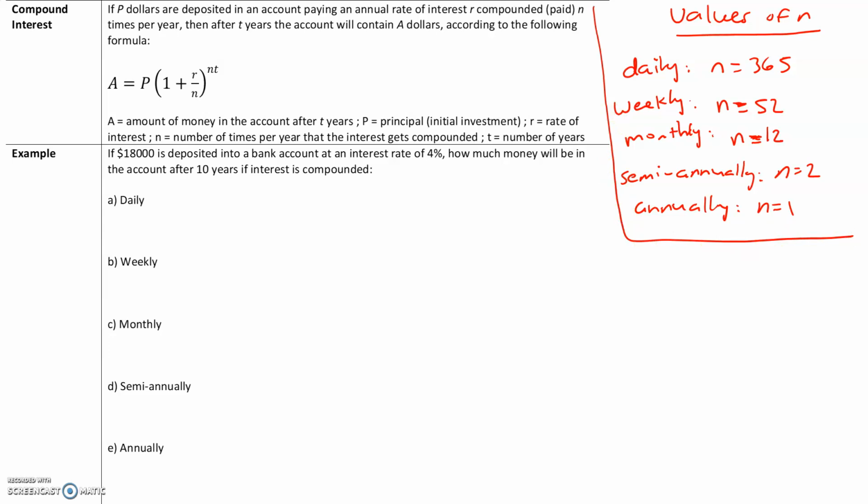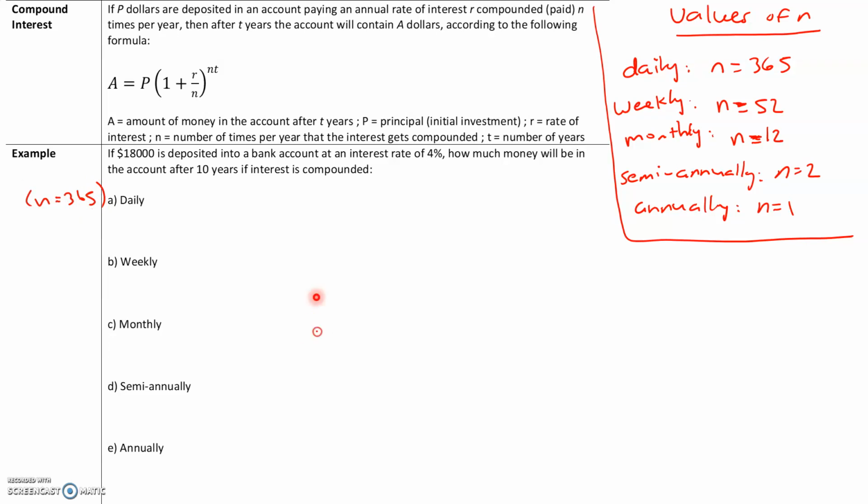So here's an example. If $18,000 is deposited into a bank account at an interest rate of 4%, how much money will be in the account after 10 years if the interest is compounded daily? Once again, for daily, the value of n is 365.